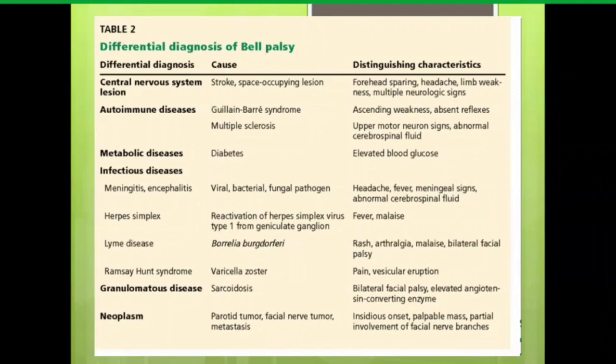When we speak about Bell's palsy, most of the time we say that it is idiopathic, so there is no reason why the facial paralysis has happened, or otherwise we do not know. That is the outline they have given, and based on that, they have made it part of the cause not being known. But there are many known causes.